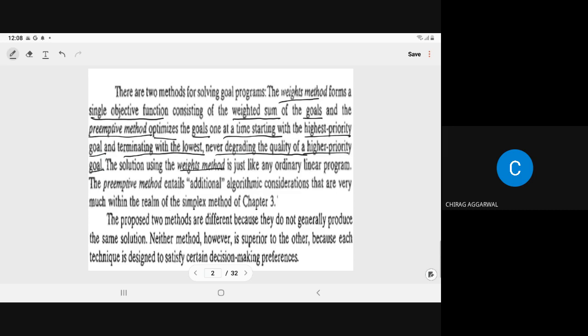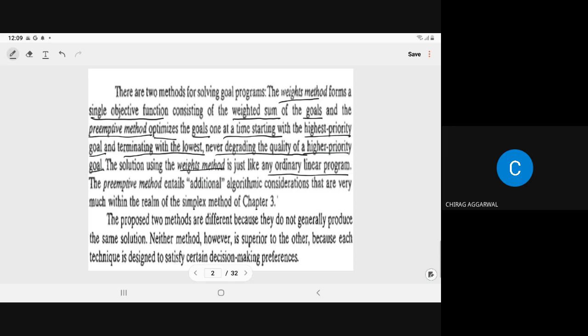That is a little easier. The weight method is computationally a little easier. That is the computational advantage only. But by result, we cannot say this method is always better than the other. So here, the solution using the weight method is just like any ordinary linear program. The preemptive method entails additional algorithmic considerations that are very much within the realm of the simplex method.